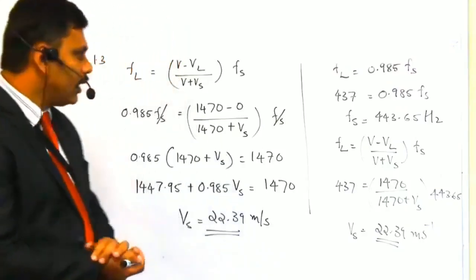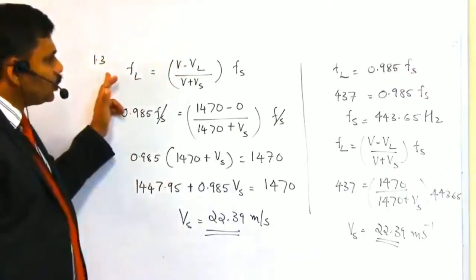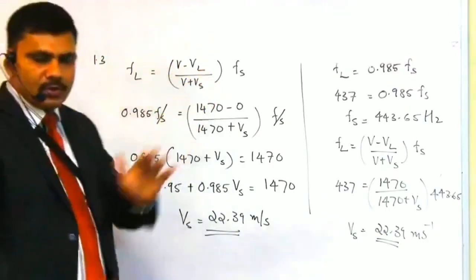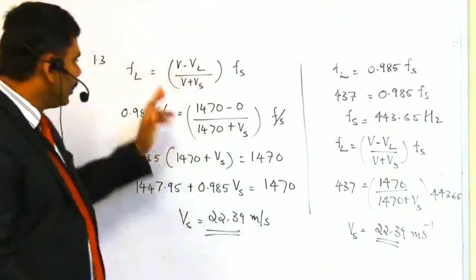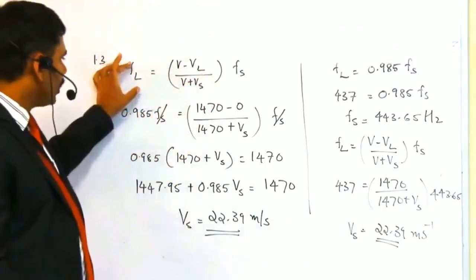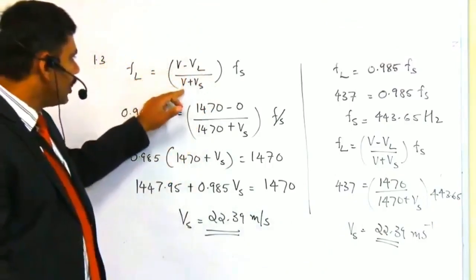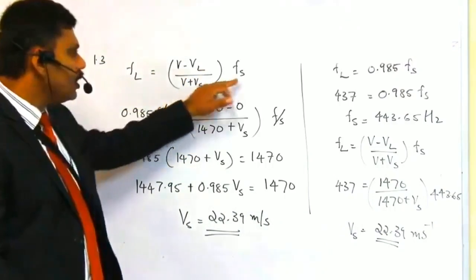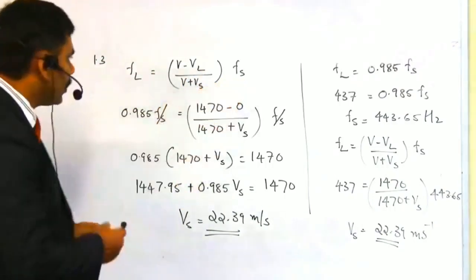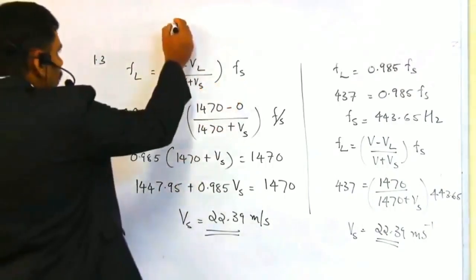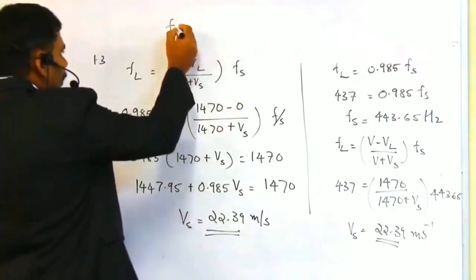So how will you calculate? There are two methods to solve this problem. Here we use FL = (V − VL)/(V + Vs) × Fs.